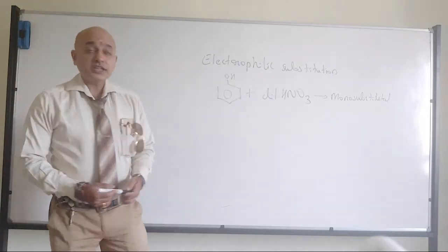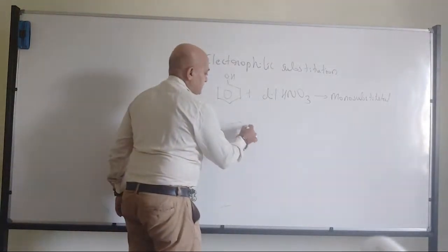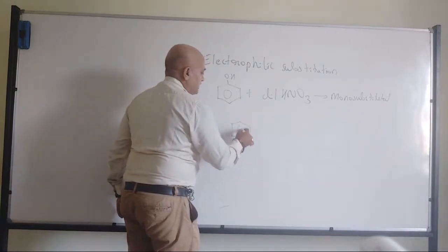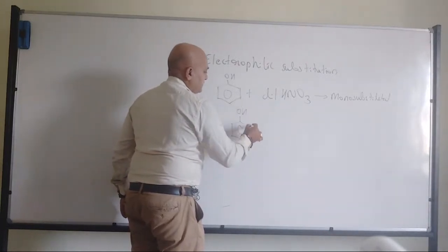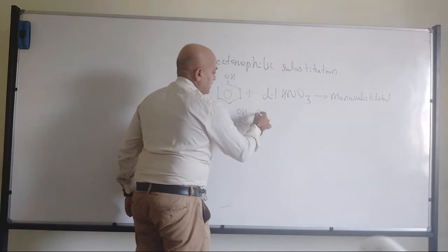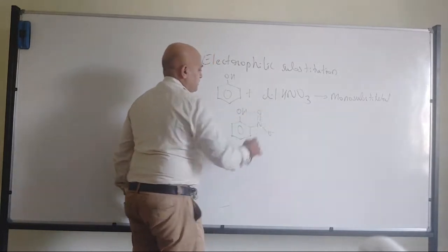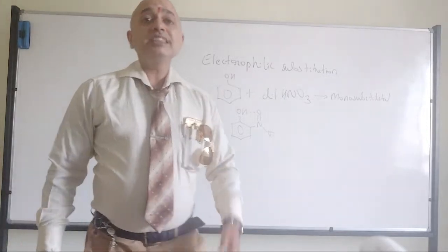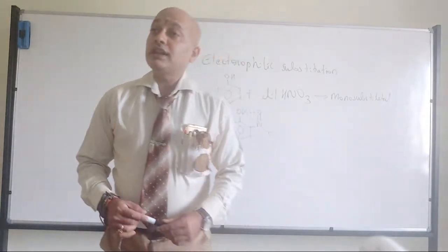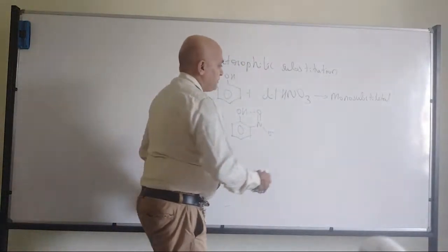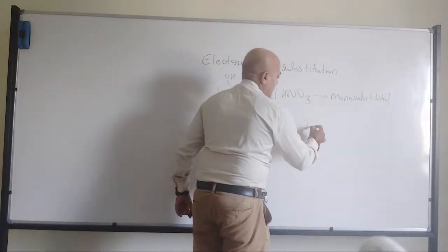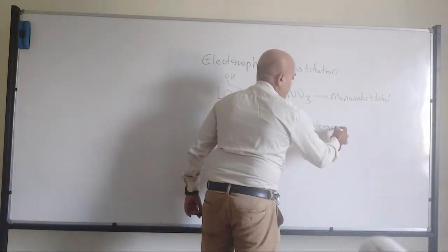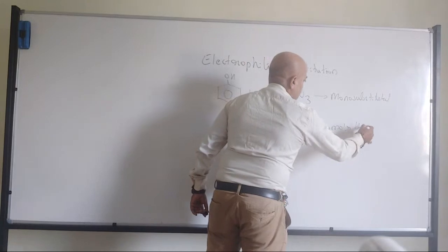Now what is the speciality of those molecules? One of them will have hydrogen bonding within the molecule, that is intramolecular hydrogen bond. But the other molecule will have intermolecular hydrogen bond.